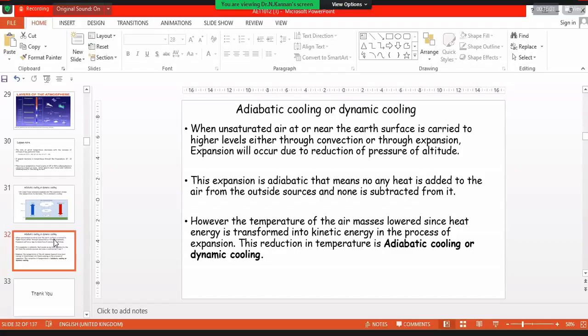If you have molecules moving here and there, there is a possibility of a velocity profile, so it creates kinetic energy. That is very important for you to understand. This reduction in temperature is adiabatic cooling, or dynamic cooling. You understood or not?